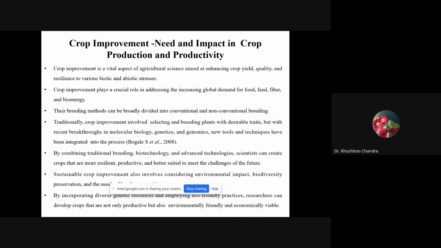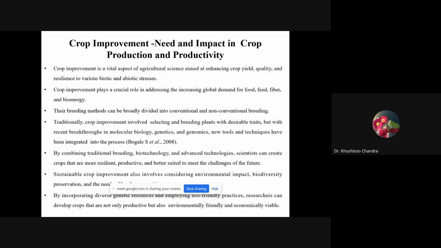First of all, we will discuss why crop improvement is needed, and what its impact is with respect to crop production and productivity.